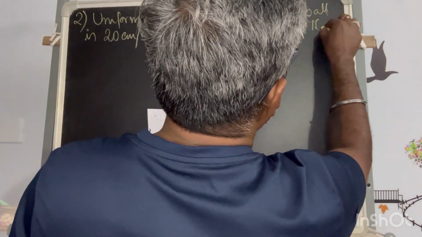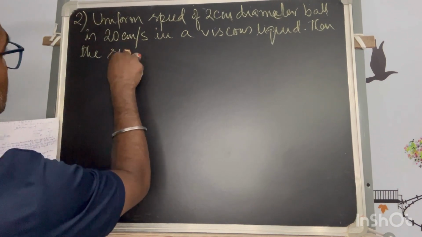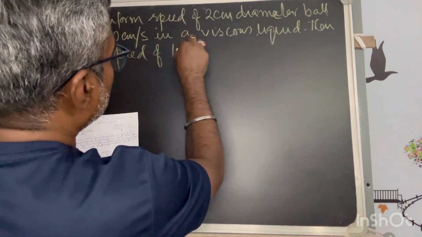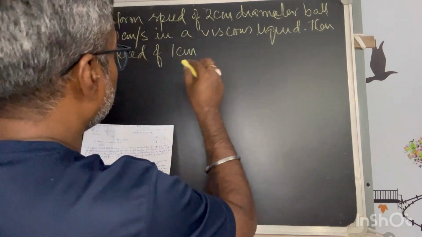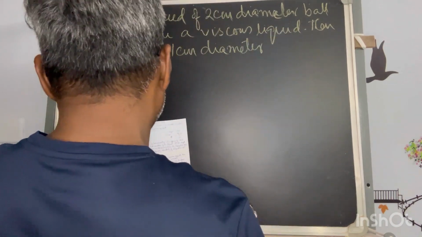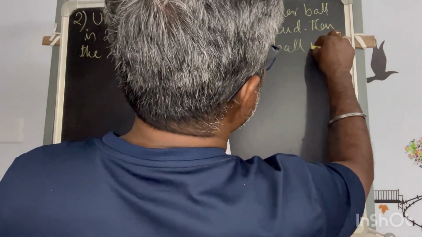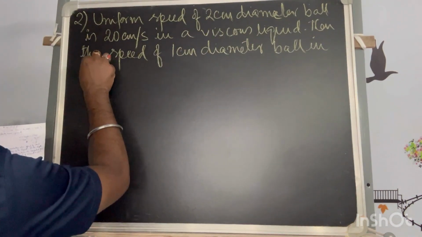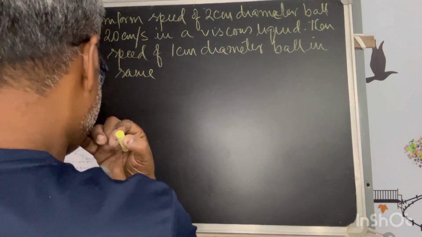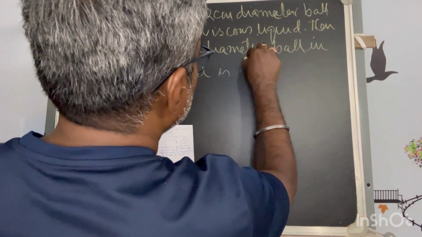Then the speed of a 1 centimeter diameter ball in the same liquid is how much?